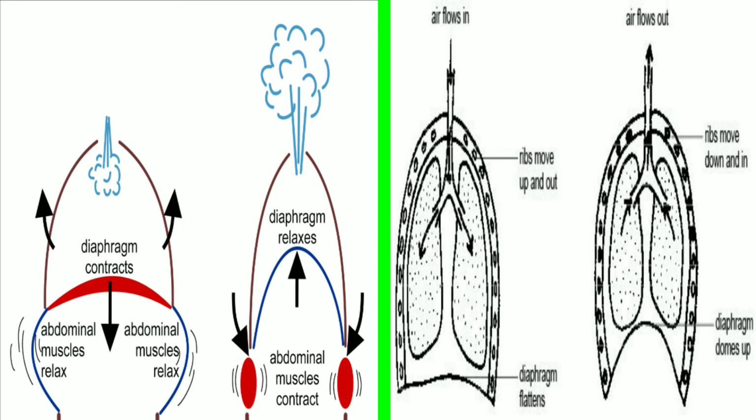That means it will come back to the normal position again. So when the air is in, the diaphragm contracts. When you breathe out, that is carbon dioxide, your diaphragm will relax. So this is the process of the diaphragm, the flexible sheet which is there between the thoracic cavity and the abdominal cavity.